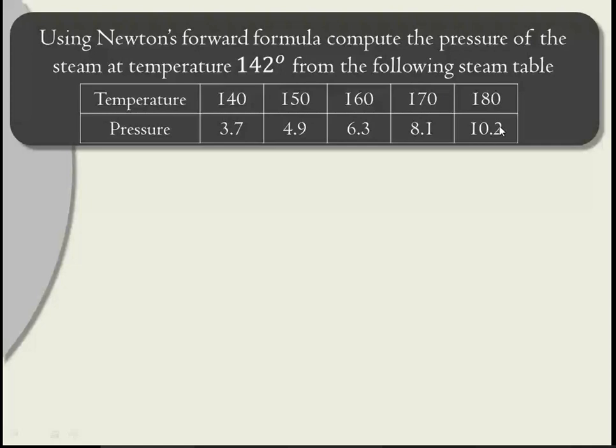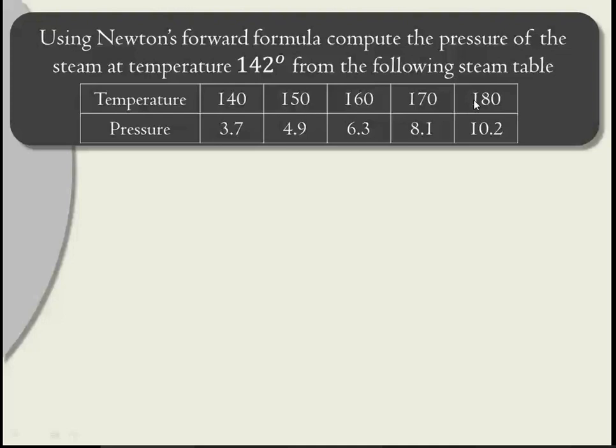The difference between any two successive values of x will be h, and that must be the same for all these terms. You can see the difference between the first and second value is 10, second and third 10, third and fourth also 10, and the fourth and fifth is also 10.